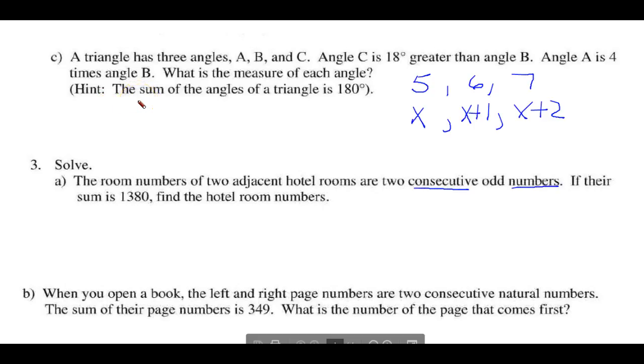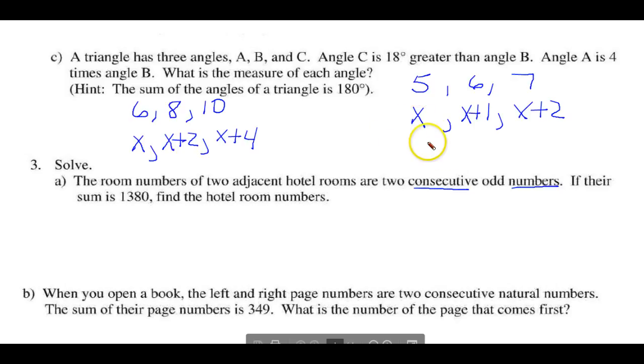Okay. We're now going to go to even integers. Let's say 6, 8, 10. Now if x is my first integer, 6, how do I write 8? x plus 2. How do I write 10? x plus 4.